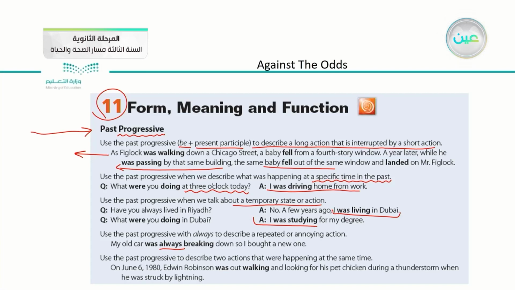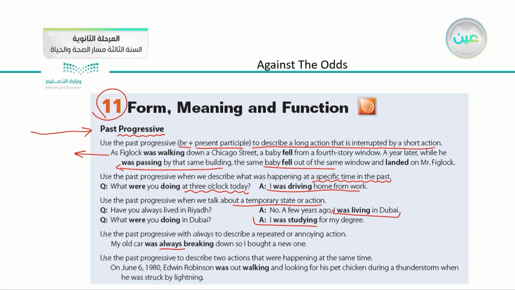We use the past progressive to describe two actions that were happening at the same time. This is the last situation. For example, on June 6th, 1980, Edwin Robertson was out walking and looking for his pet chicken during the thunderstorm when he was struck by lightning.